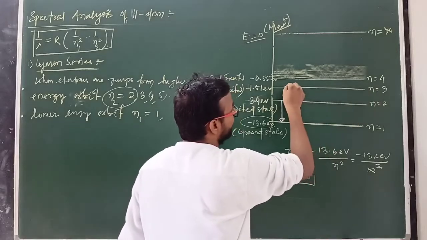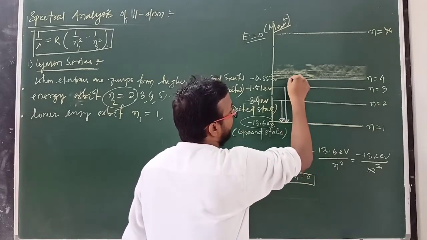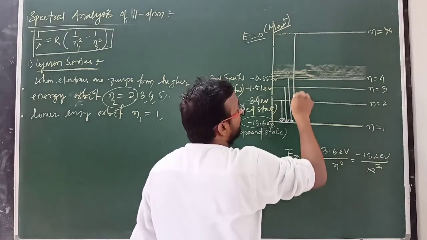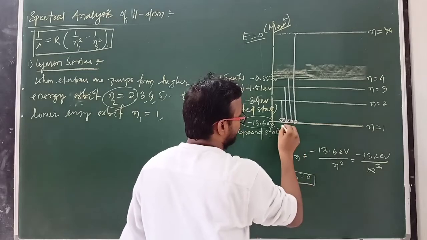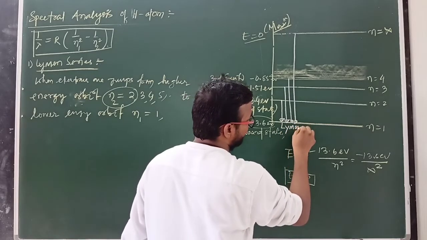Then 3 to ground state, and 4 to ground state, and infinite to ground state. This spectrum is known as the Lyman series.